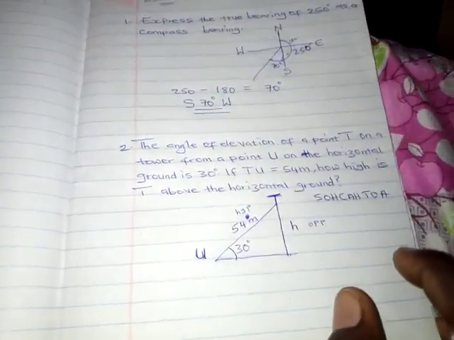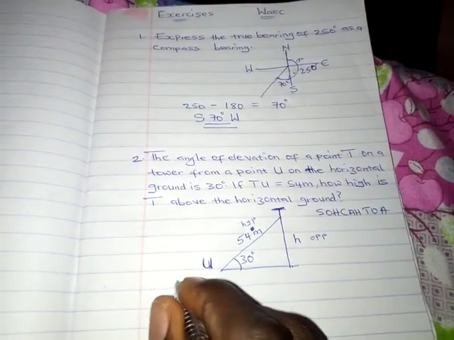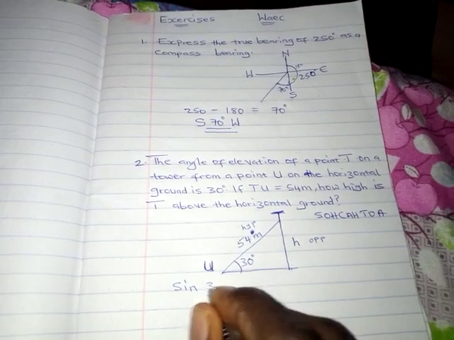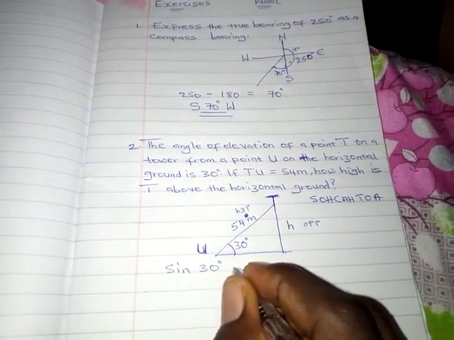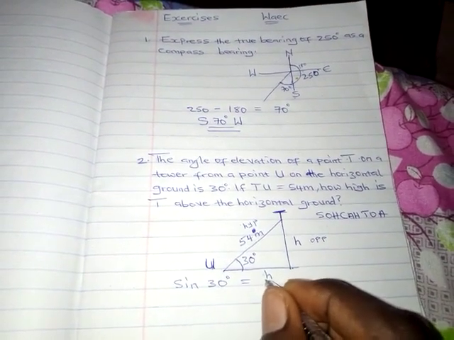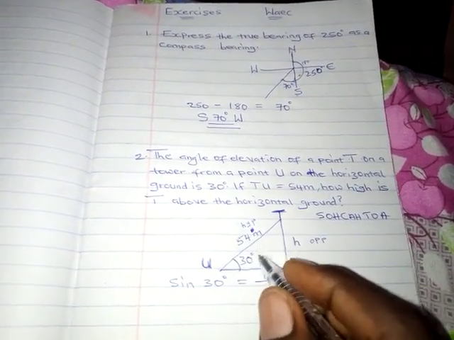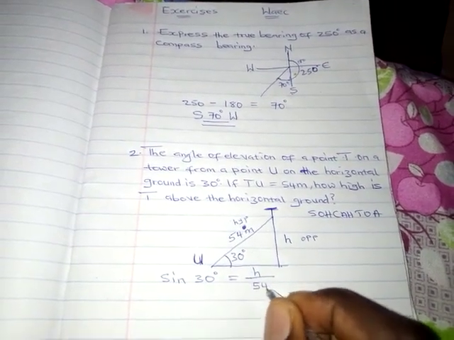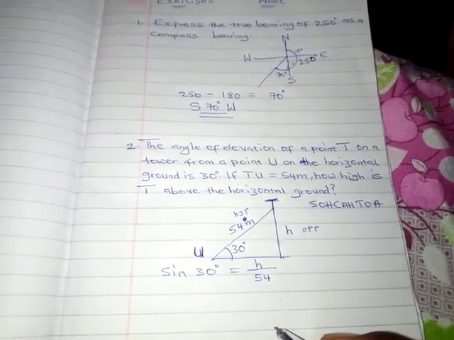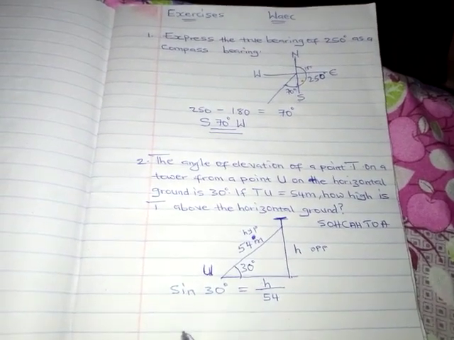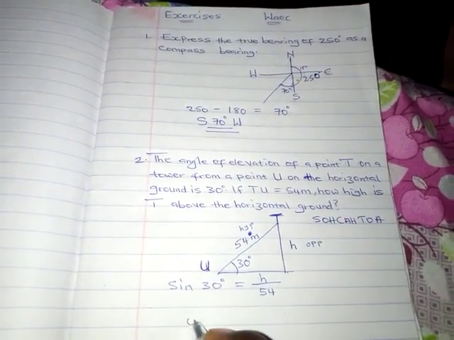So it becomes sine 30 degrees equals our opposite, which is h, over our hypotenuse, which is 54. So our sine 30 degrees is 0.5, which is half.